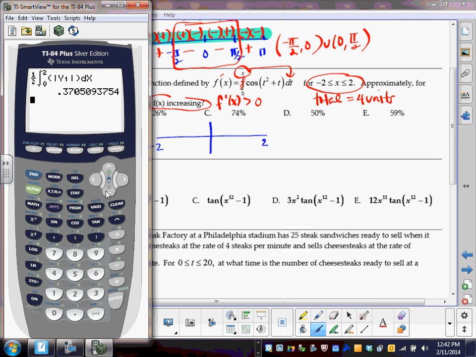So on my calculator, I'm going to clear, and I'm going to type in cosine of x squared plus x, window -2 to 2, and zoom 0.